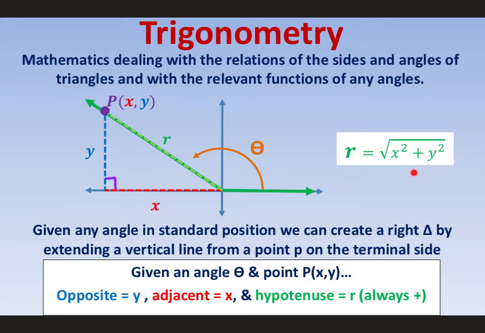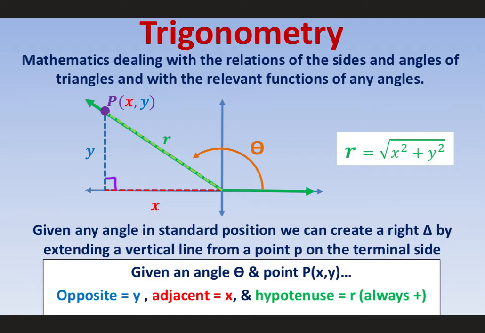So this is just a modified version of Pythagorean theorem, and it says that the r value, the hypotenuse length, is equal to the square root of the other two sides squared and added together. That's just our Pythagorean theorem, right? This is a little bit different than the trig we've done before. We're going to refer to things a little bit differently.